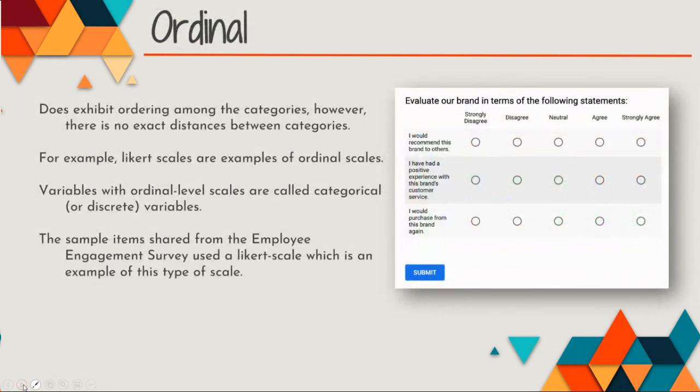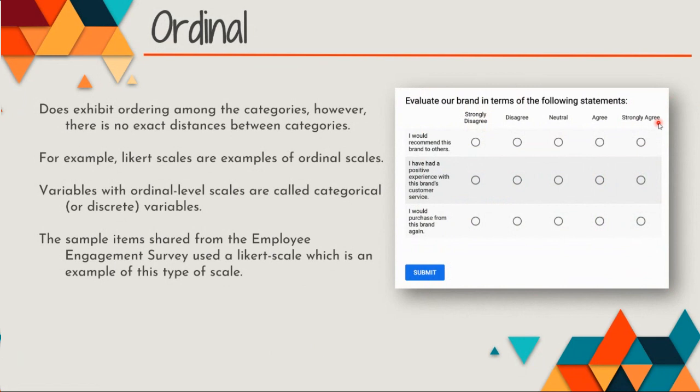When you think about ordinal variables, these are questions where there is ordering among the categories, but there are no exact distances between those categories. An example could be utilizing an agreement scale. We know that strongly disagree may be the most unfavorable response on this scale, and strongly agree may be the most favorable.